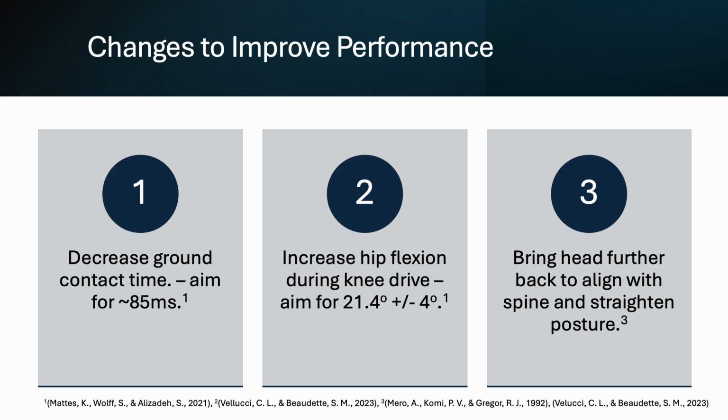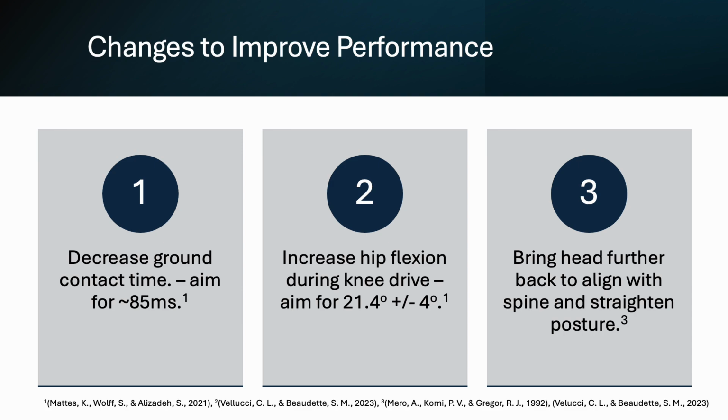By increasing this hip flexion, it would increase the displacement of the knee, which increased the distance that the knee travels during hip extension, increasing velocity and increasing propulsive impulse, and aiming for 21, give or take 4 degrees from horizontal or parallel with the floor, according to Matz, Wolf, and Elizada.